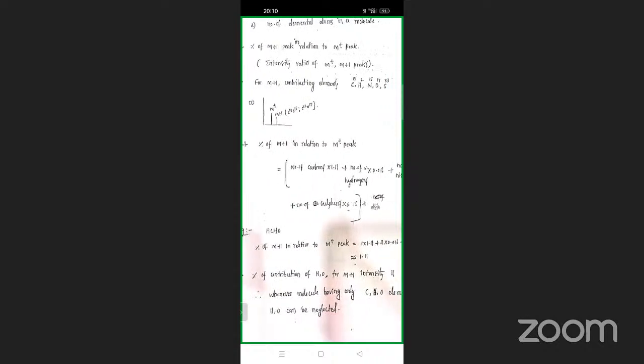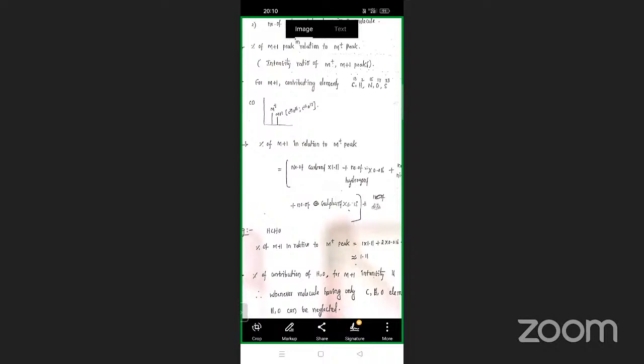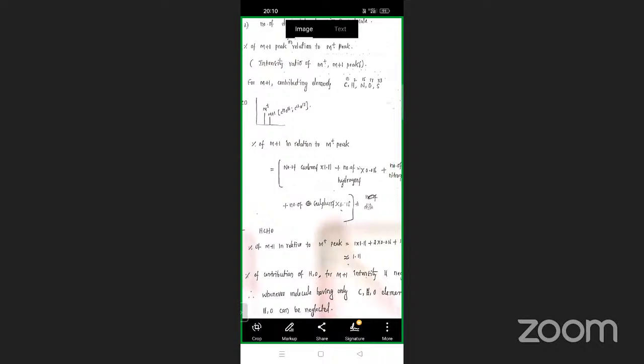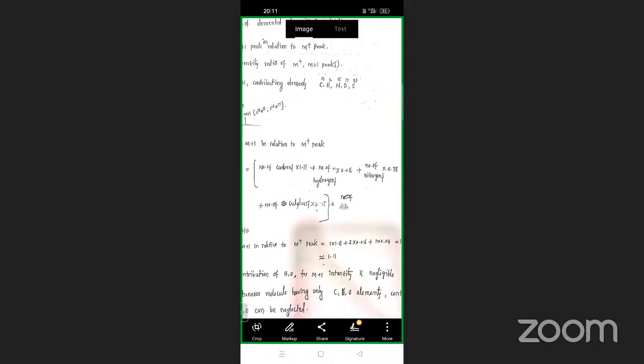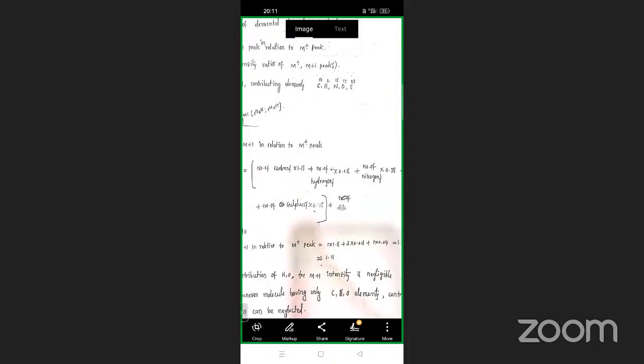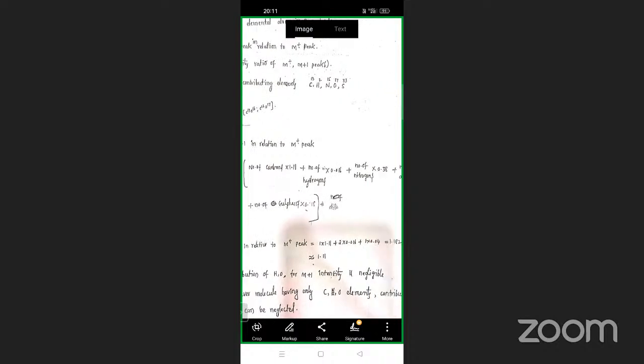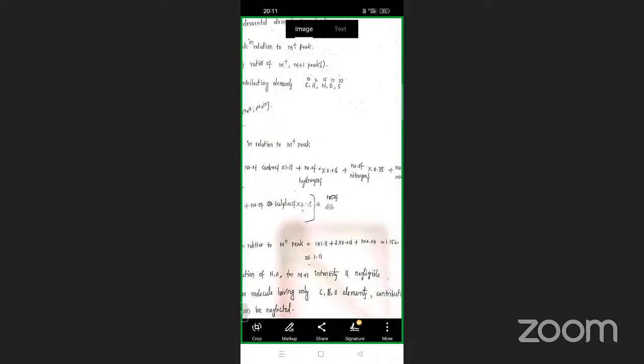Okay, natural abundance. So carbon natural abundance is 1.11. So we take 1 into 1.11, and count the 2 hydrogens here. So 2 into 0.016. Okay, plus the oxygen natural abundance is 0.04.